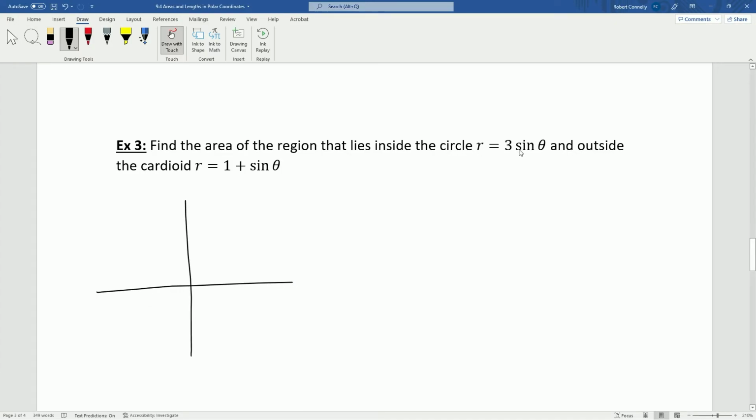So the circle, r equals 3 sine of theta, is relatively easy to graph. What we should recognize is that when theta is equal to 0, you're going to get 0 for sine. So your radius would be 0. So this is theta equals 0 for the sine graph. And when theta is pi over 2, you should get 3.